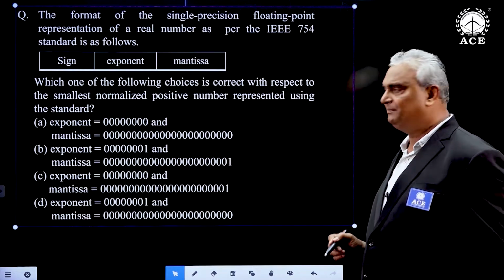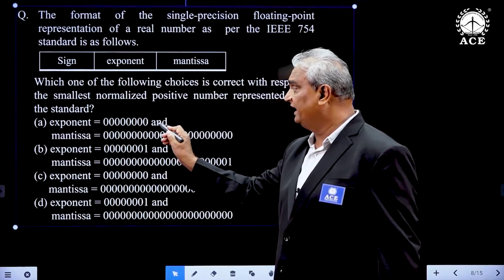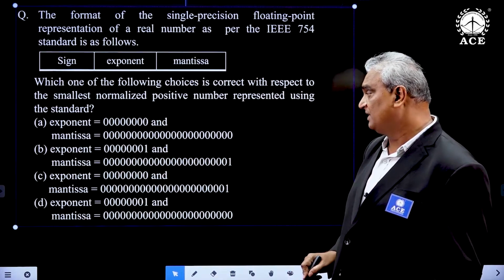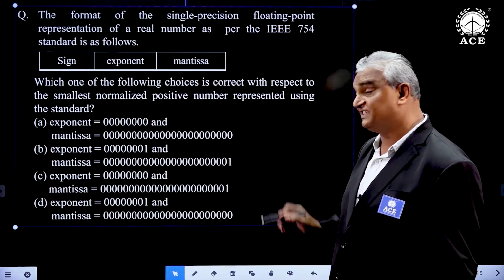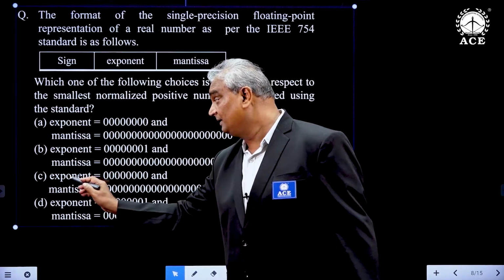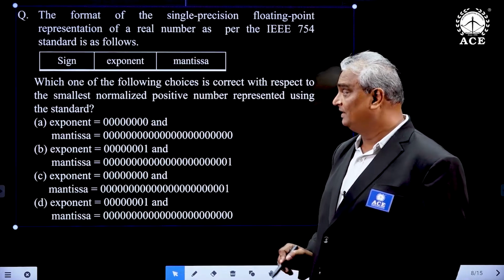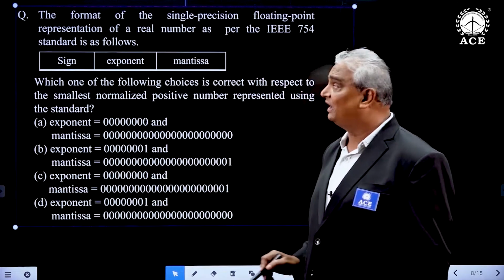IEEE single precision. Observe option A. Exponent value, he gave all zeros. Mantissa value also, he gave all zeros. Not only that one. If you observe option C, exponent value all zeros. In option A, exponent value all zeros. Option C, exponent value all zeros.